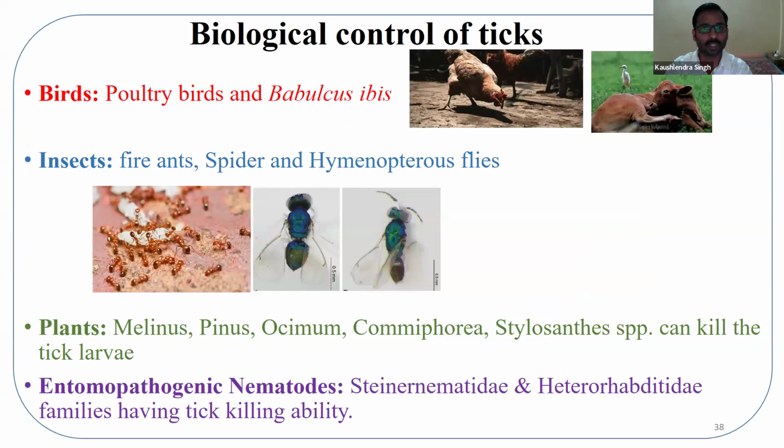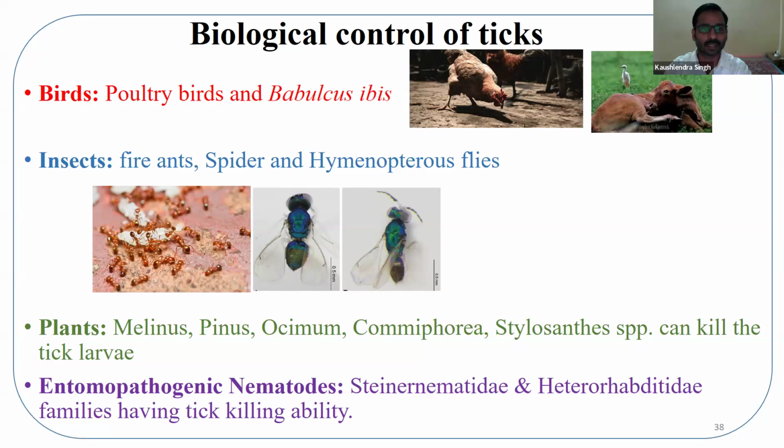In the case of biological tick control, birds, especially desi birds and Bubulcus ibis, can be used for tick control.